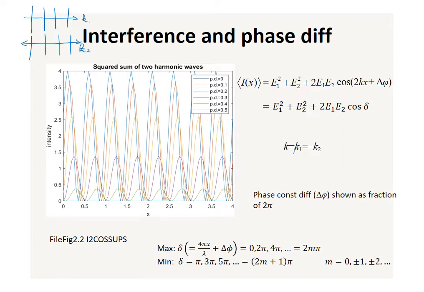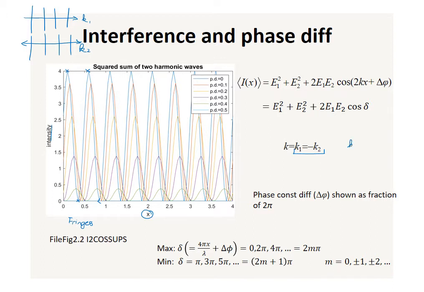So if they are counter-propagating, going in opposite directions, then we see a standing wave pattern in the x direction. So the intensity, as we move in the x direction, goes bright and then dark, and then bright and then dark. And then we call these patterns fringes.